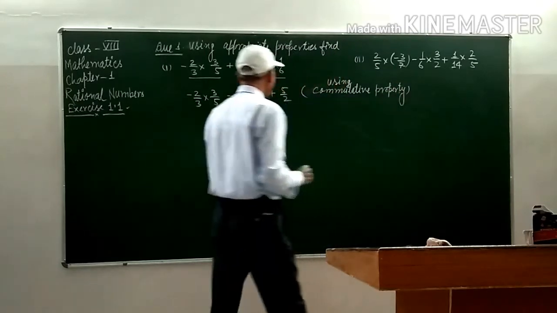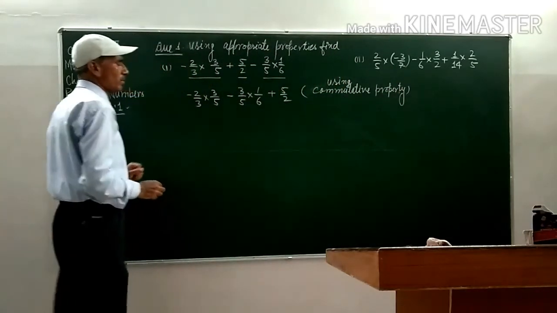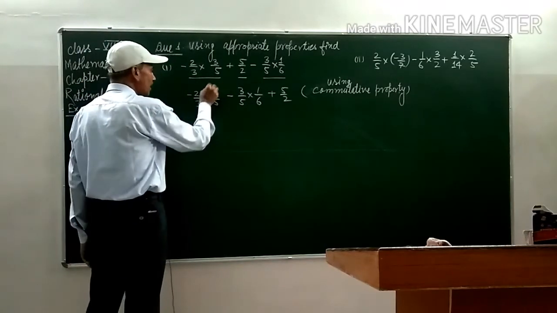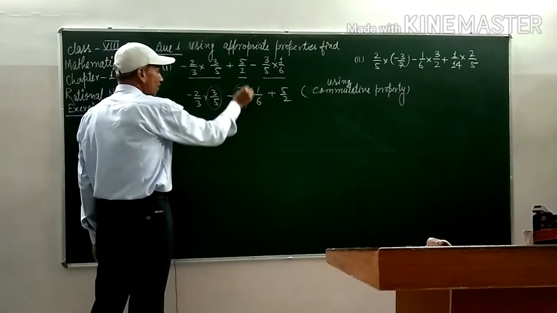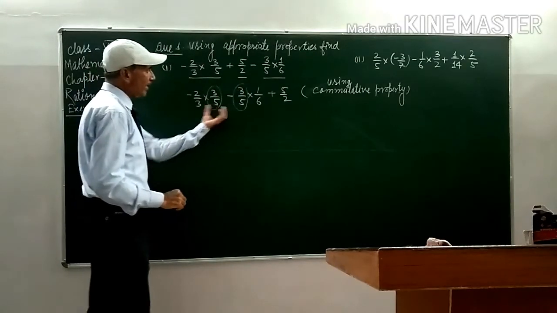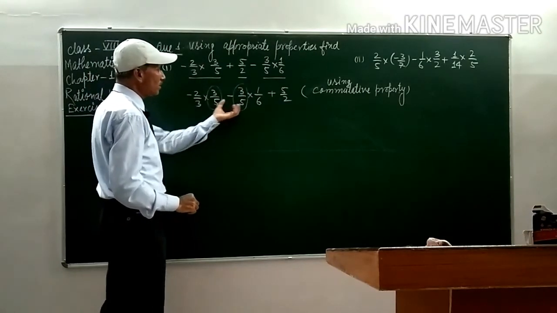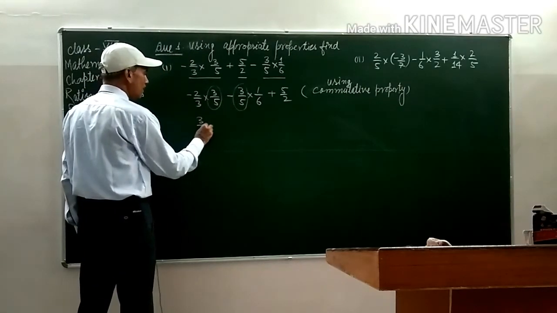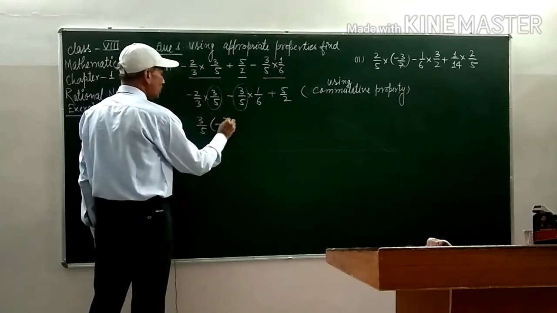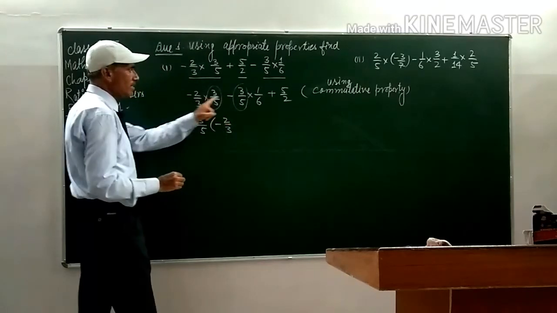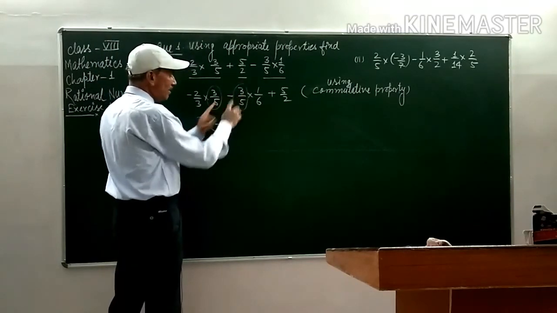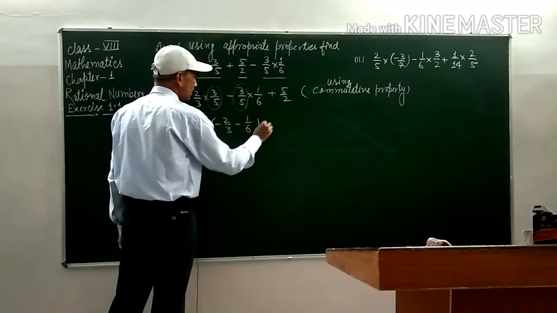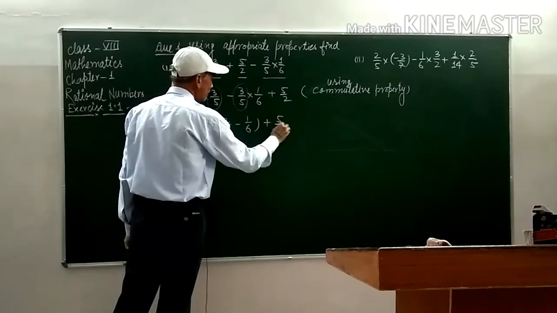In this step, we have changed the order of the numbers. Now in the third step, there is 3 by 5 here and again 3 by 5 here. So take it common, because 3 by 5 is common in these two. So 3 by 5 into minus 2 by 3 from this, and from this the sign, that is minus again, 1 by 6, plus 5 by 2.